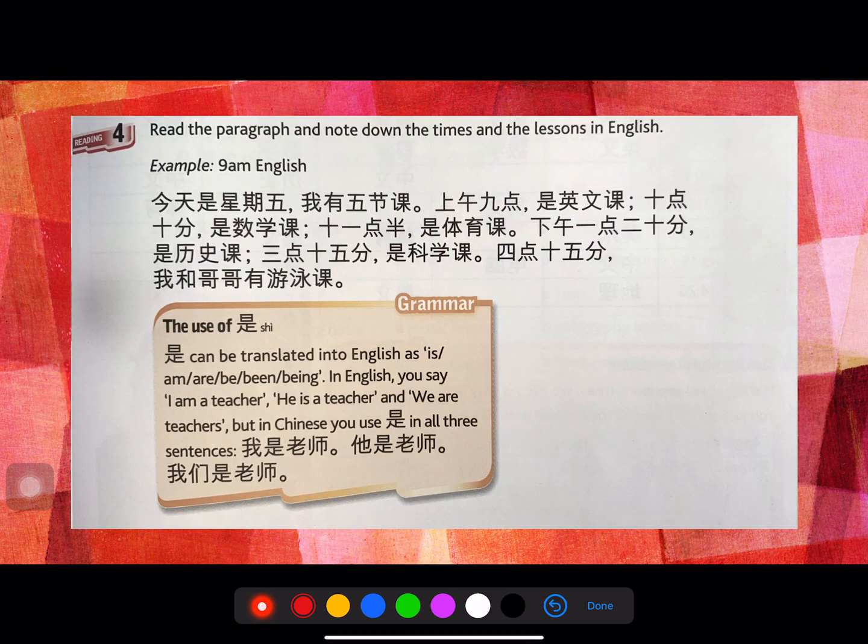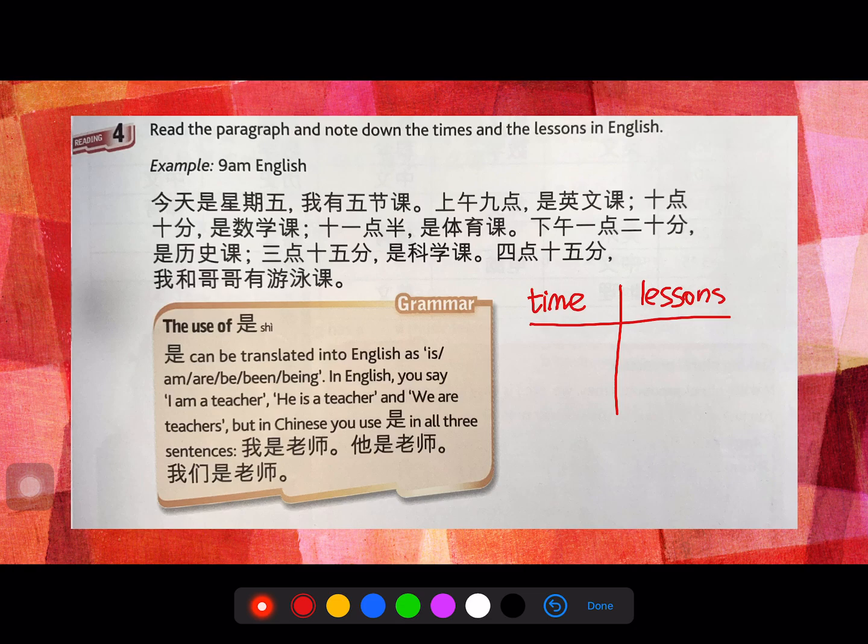Next, you need to read the paragraph and note down the times and the lessons in English. You can do things like time as a column on the left and the lessons on the right. You can write it in your exercise book. 现在写。好，对答案 Let's check the answers.